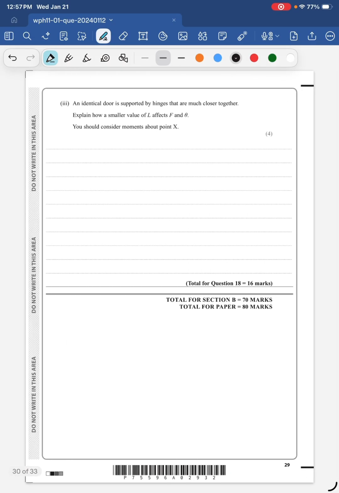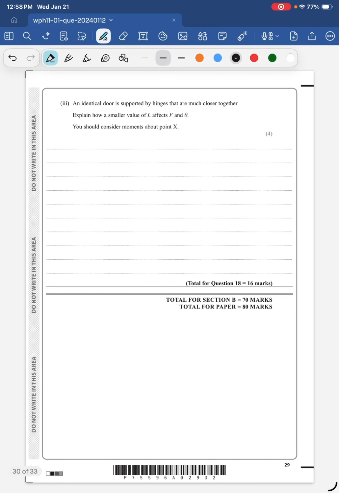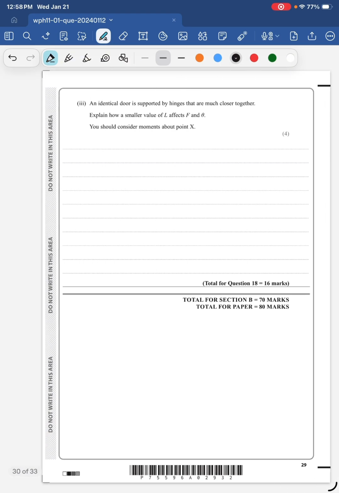Okay, part 3, an identical door is supported by hinges that are much closer together. Explain how a smaller value of L affects F and theta. You should consider moments about point X. Okay, so let's consider the moment about point X from this scheme, which is F sine theta times L, and that moment should be counteracted by the weight times W over 2.